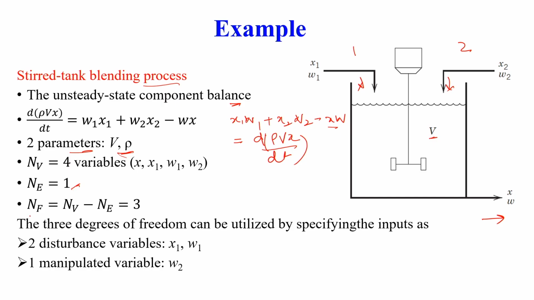So degree of freedom will be the number of variables minus the number of equations, so we get 3. It means 3 variables can be fixed. What can we specify? Let us say there are two disturbance variables, that is x1 and w1, and one manipulated variable, that is w2.